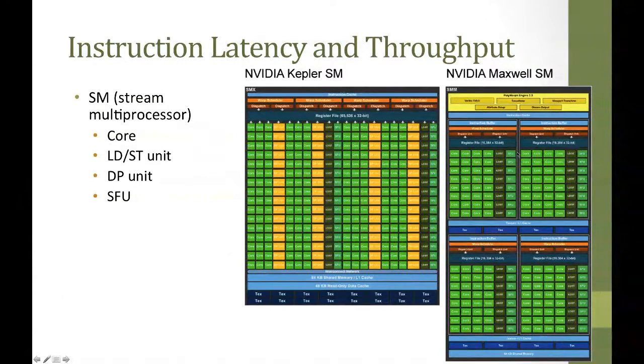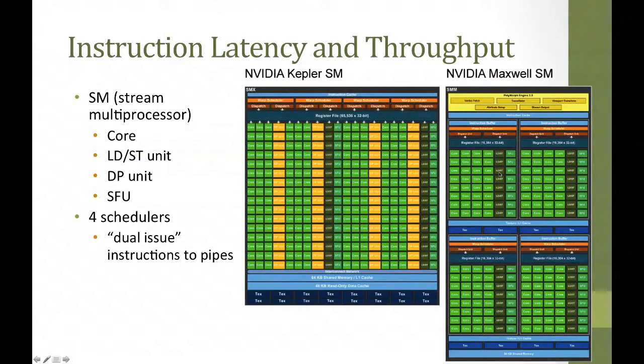The Maxwell architecture is quite similar, and you also have these units, but it doesn't have the double precision unit showing in this graph. Okay, you can see there are 4 schedulers on the top of the Kepler architecture, or there are also 4 schedulers in the Maxwell, but these 4 are separate.